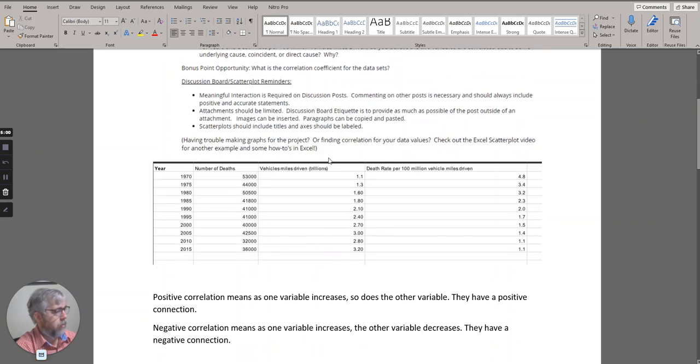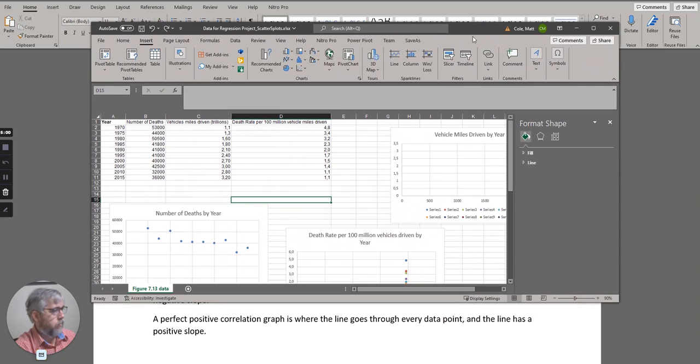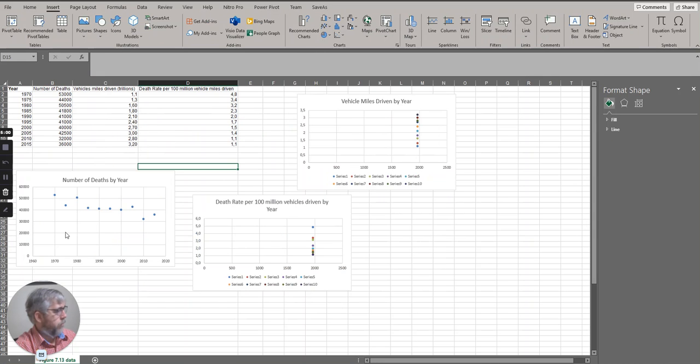So I went and looked for the definitions, and here are the definitions down here. Positive correlation: as one variable increases, so does the other. If it's negative, it means as one variable increases, the other one decreases. If we look at the scatter plots that were given, I don't see one increasing while the other decreases here.